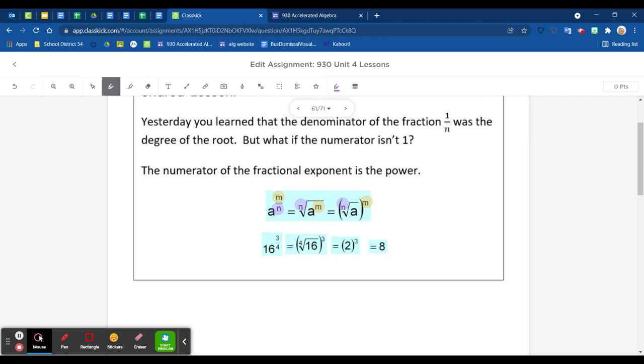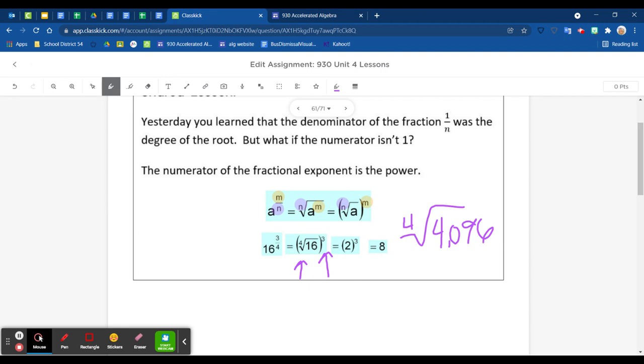And what I mean by it's going to be easier, if I look at the example here, 16 to the power of 3 over 4, 3 goes outside, 4 goes to the degree of the root. I find the fourth root of 16 first, and then I cube it because that gives me 2, and 2 is easier to cube. If I were to take the exponent first and do 16 times 16 times 16, so take it to the power of 3, now I'm looking for the fourth root of 4,096, which is a lot more difficult to figure out.